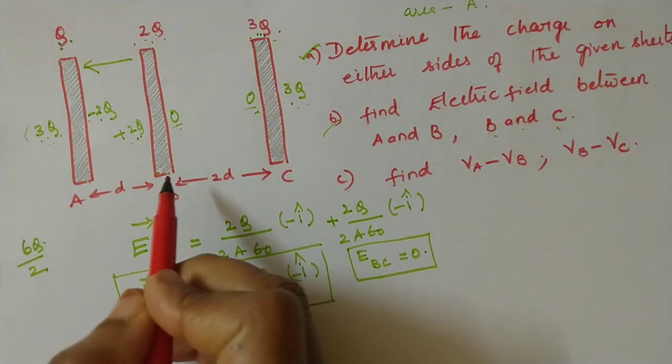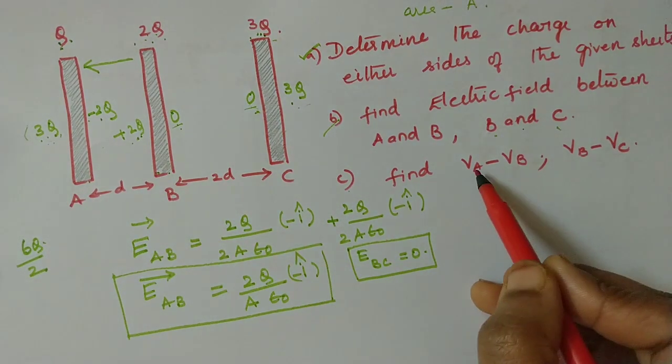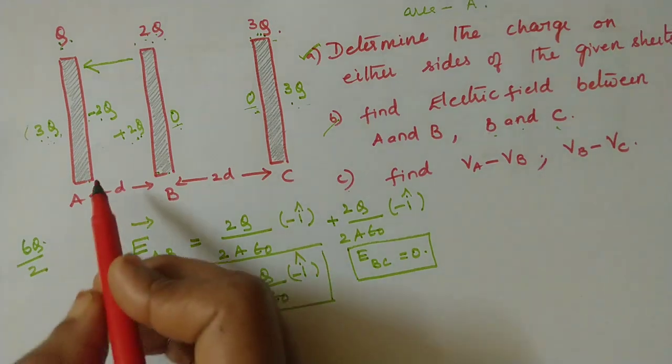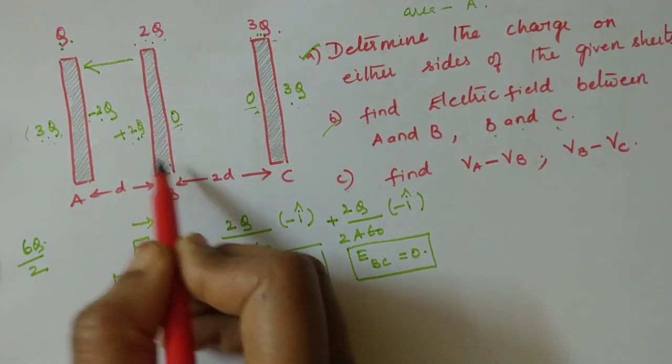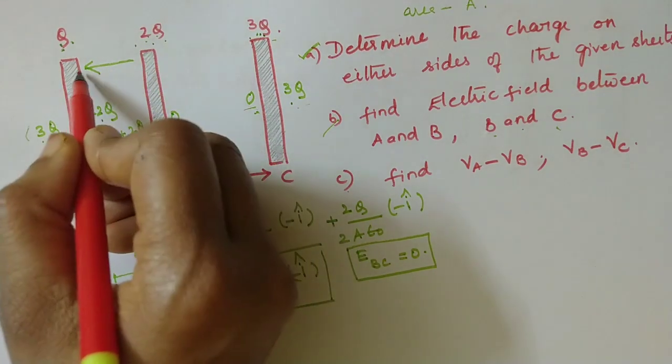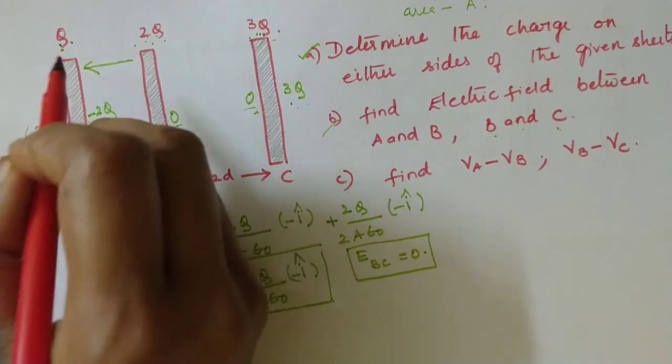Let us see how to find VA minus VB and VB minus VC. Suppose I want VA minus VB. You can move in any direction. If I move from A to B, I am going against the field. Against the field, potential will increase. In the direction of field, potential will decrease.